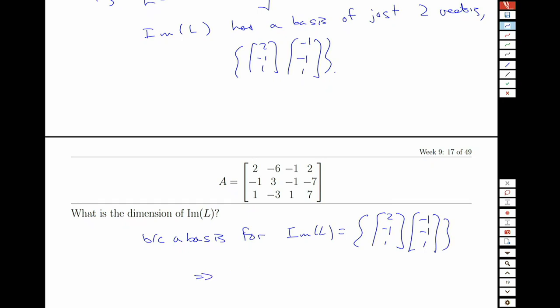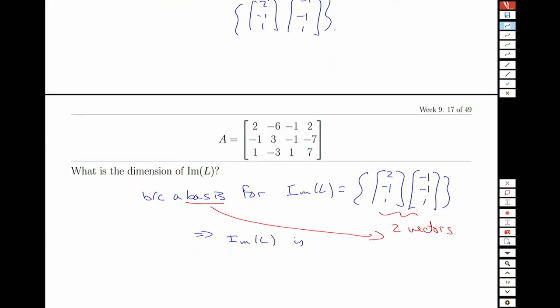We have a basis with two vectors. That means the image of L is two-dimensional. In this case, it would be a plane in 3D. We're building things with three-dimensional vectors, but we can only reach the span of two vectors, so we're going to get a plane, a two-dimensional subspace of R3.